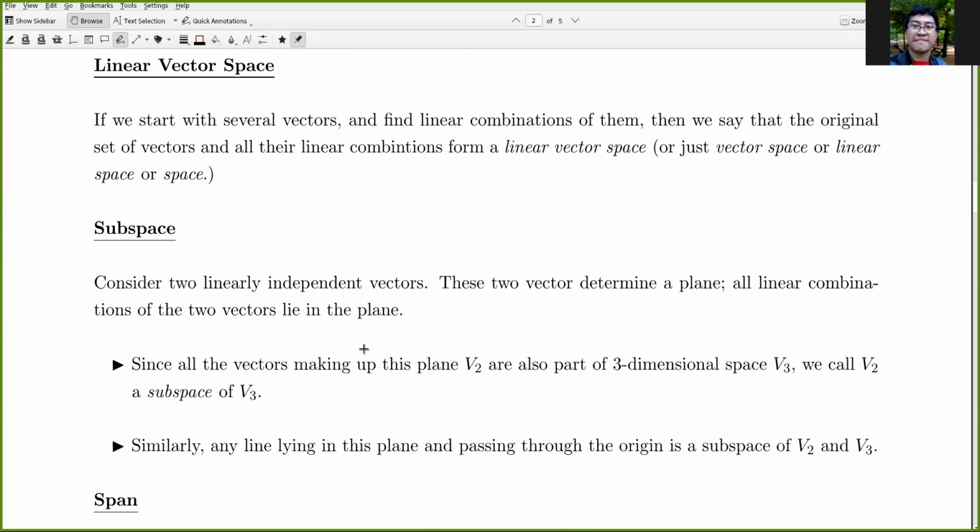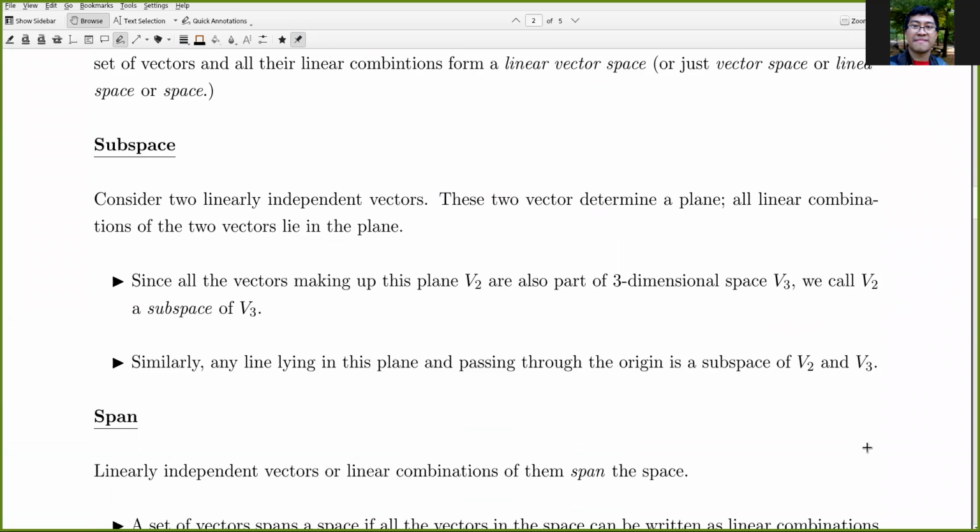If you have two linearly independent vectors, they determine a plane, and all linear combinations also would lie in that plane. Since all the vectors making up this plane are also part of the three-dimensional space V3, we call V2 a subspace of V3. If you have a line passing through the origin lying in this plane, it is a subspace of V2 and V3.